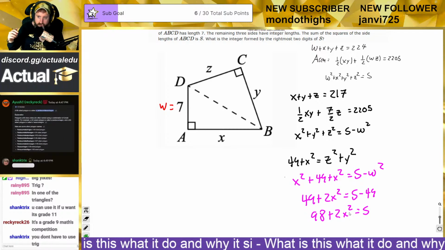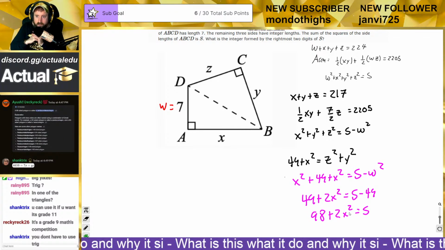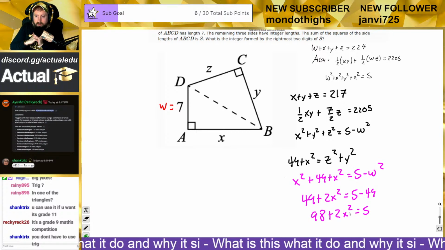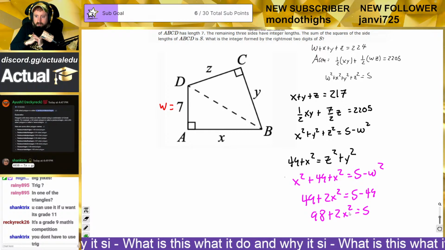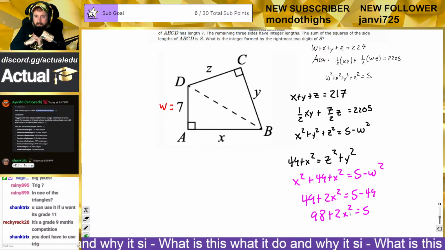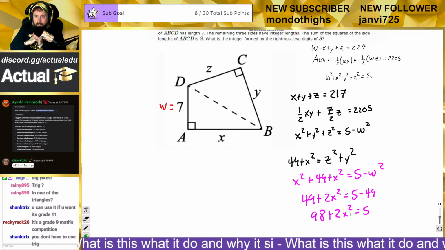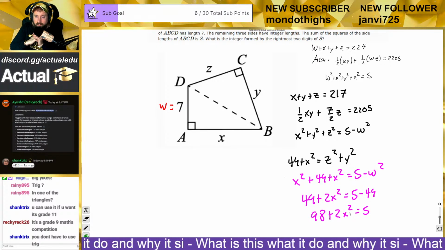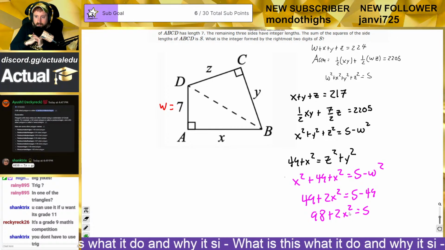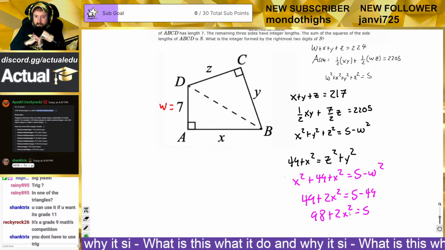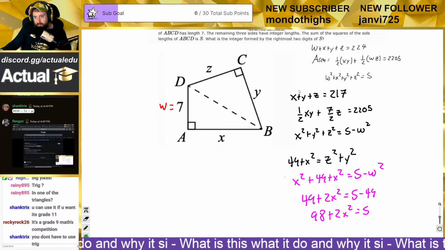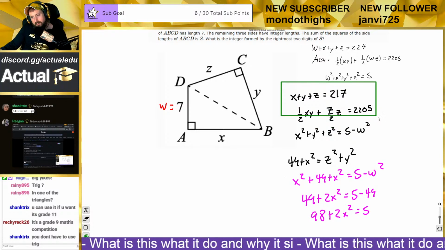The having to be integers kind of bugs me too. There's something with this. I need to use this somehow.